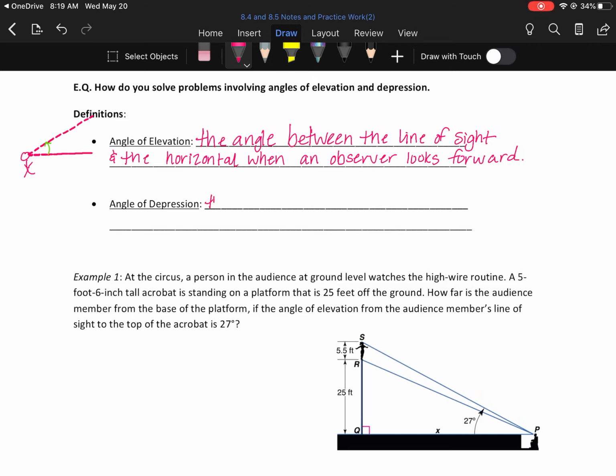It's the angle between the line of sight when an observer looks downward and the horizontal.